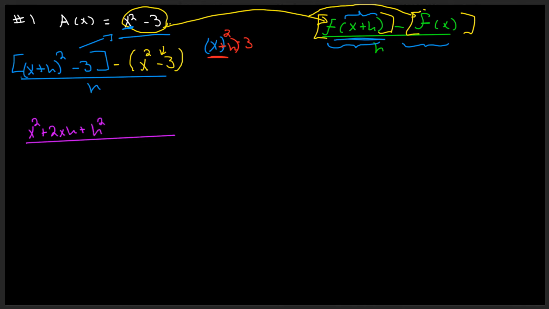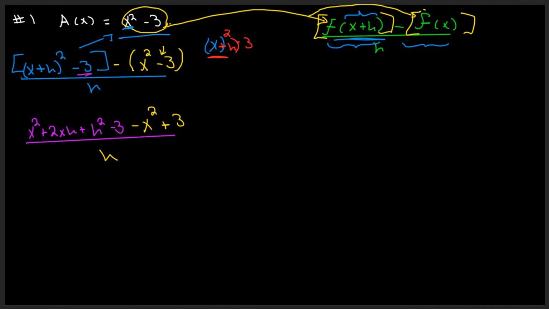Don't forget your minus 3. And go ahead and just bring down your x squared minus 3. Or go ahead and distribute that negative, and it distributes into the positive x squared as minus x squared plus 3 over h.